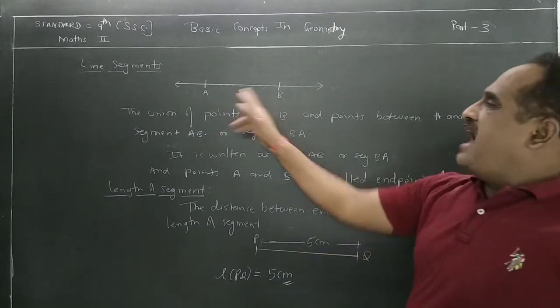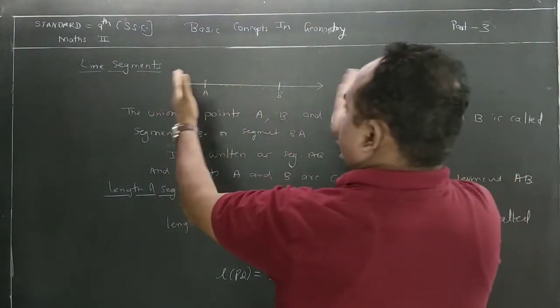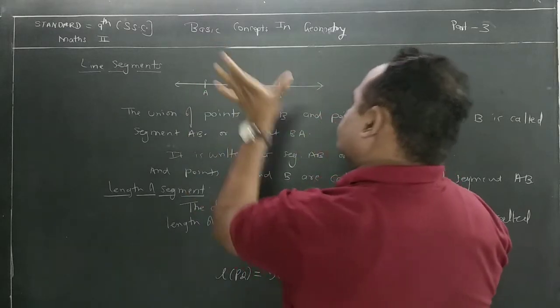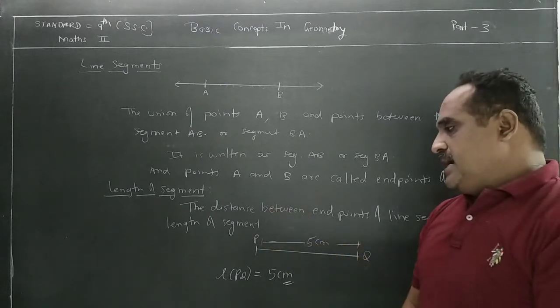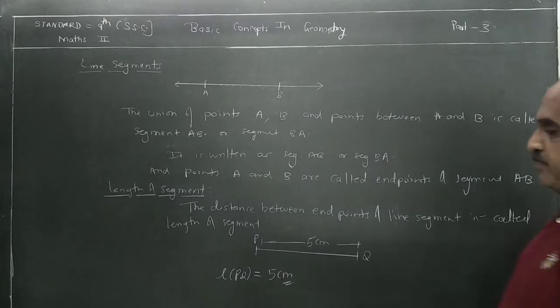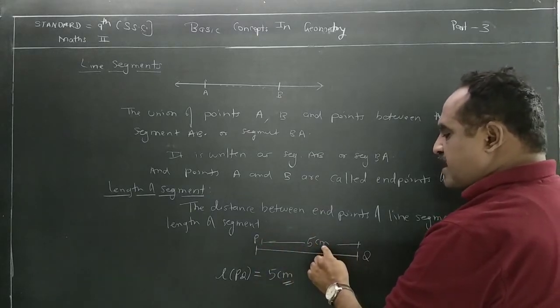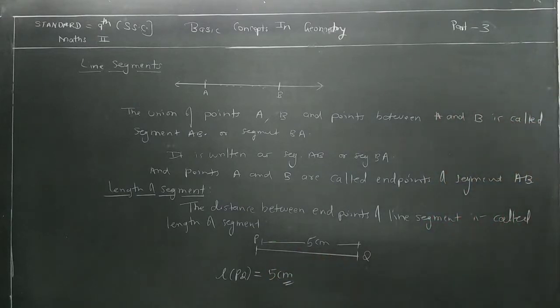And points A and B are called endpoints of the segment AB. Now a new thing: I told you the line is extending, but now this is restricted. This distance is fixed. So the distance between the endpoints of the segment is called the length of the segment. Suppose this is the segment PQ, then the distance between P and Q is how much? 5 centimeter. So length PQ is 5 centimeter. This is the length of the segment. Have you understood this? Please students, pause the video and copy down. This is again an important concept.